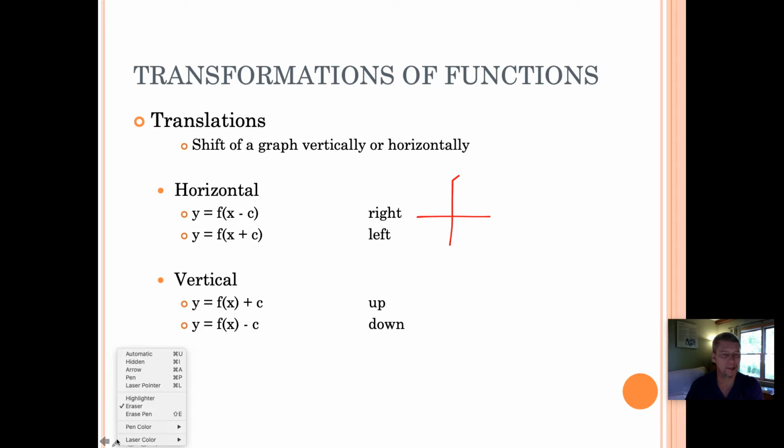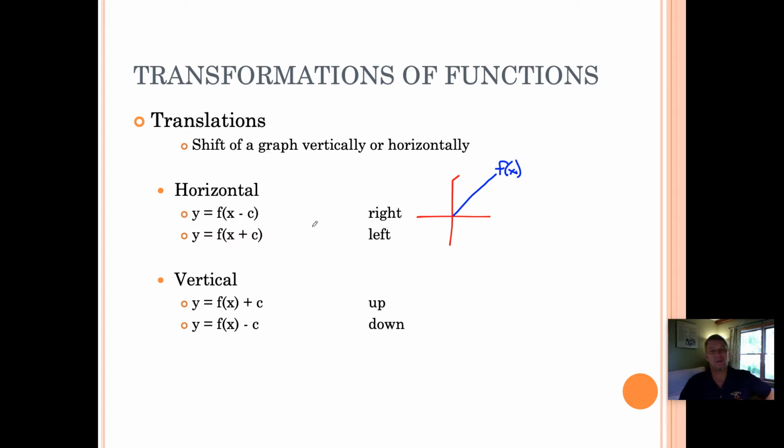So let's say we have an axis, and I'm going to draw in blue. And here's my original function, f of x.